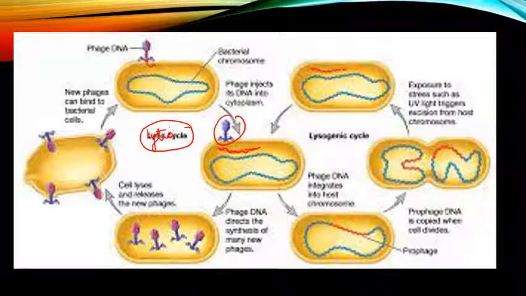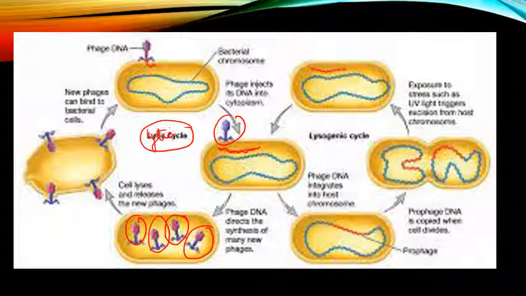This bacteriophage DNA gets integrated into the bacterial DNA, and instead of bacterial protein, the virus proteins are synthesized. These viruses are then released by the lysis of the bacterial cell, and this process we call the lytic cycle.